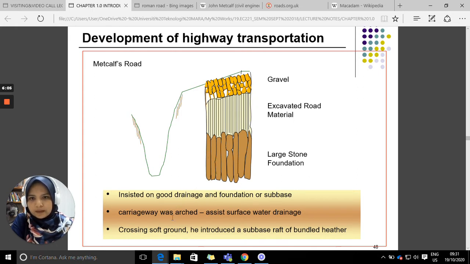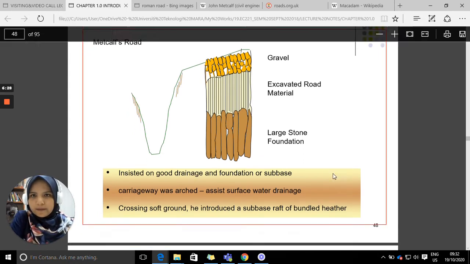The carriageway was arched to assist surface water drainage. This is the explanation of the chambering. For roads that cross soft ground, he introduced a sub-base raft or bundled heather, an arrangement of large stone using a heather type.